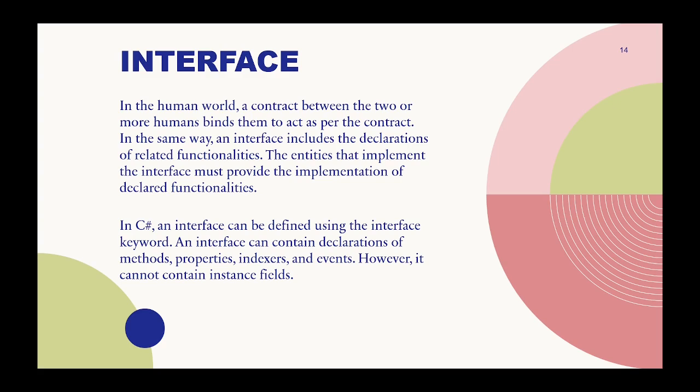The entities that implement the interface must provide the implementation of the declared functionalities. In C sharp, an interface can be defined using the interface keyword. An interface can contain declarations of methods, properties, indexers, and events. However, it cannot contain instance fields.